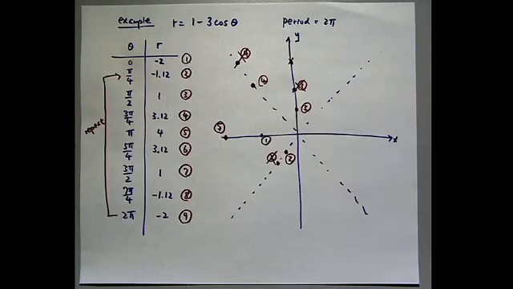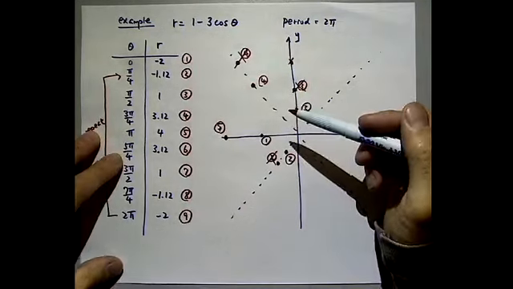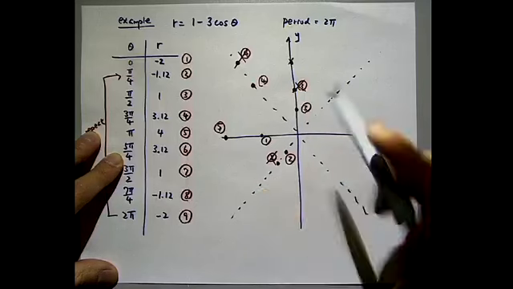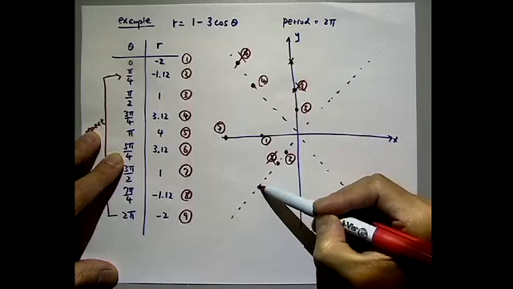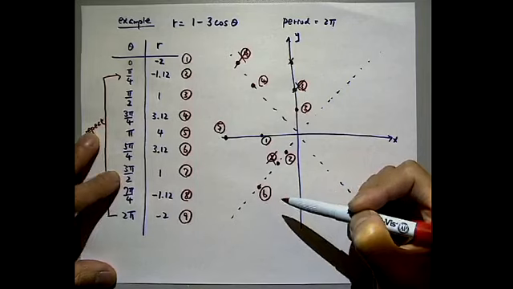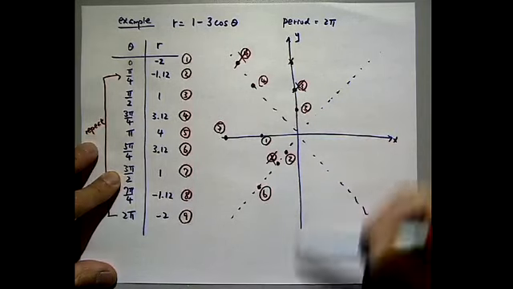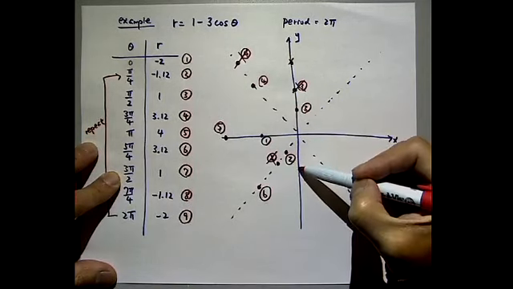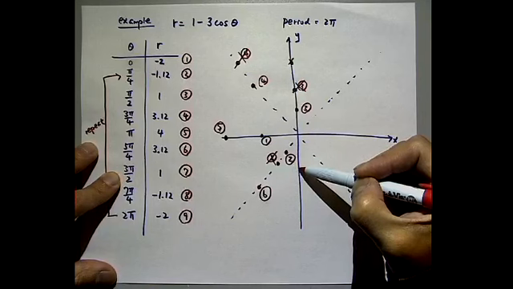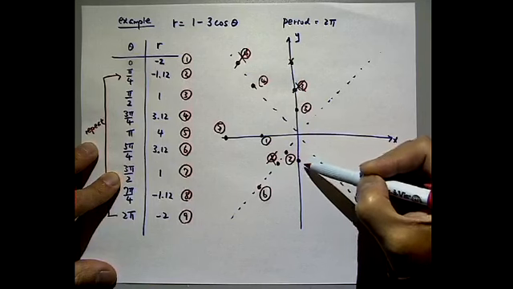We just put them on here. 6, 5 pi over 4, 3.12, right here. 7, 3 pi over 2, 1, right here. That's 2, that's 7.